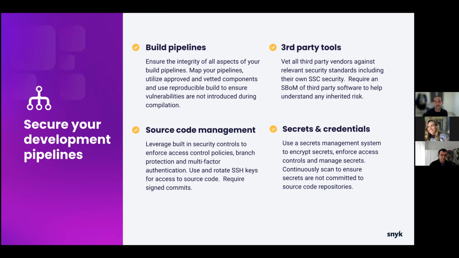And there are dedicated point solutions to help you do this. You can use secret management tools. You can rotate your passwords and secrets, and use encryption, of course, as always best practice here. So there are ways to secure this specific part of your development pipelines.